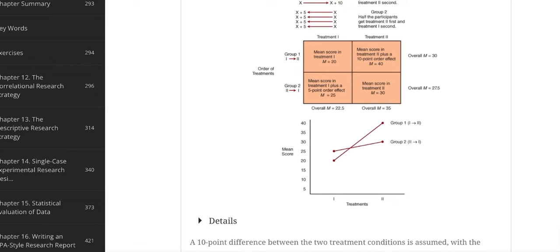If you look at treatment 2 and group 1, the mean is 40. And if you go down in the column there, in group 2, the mean is 30. Well, that follows with the overall means for order of treatments, because group 1 was higher with an overall mean of 30, and group 2 had an overall mean of 27.5, so it went down.